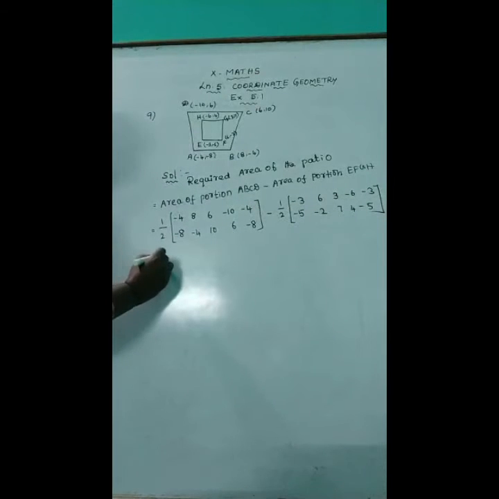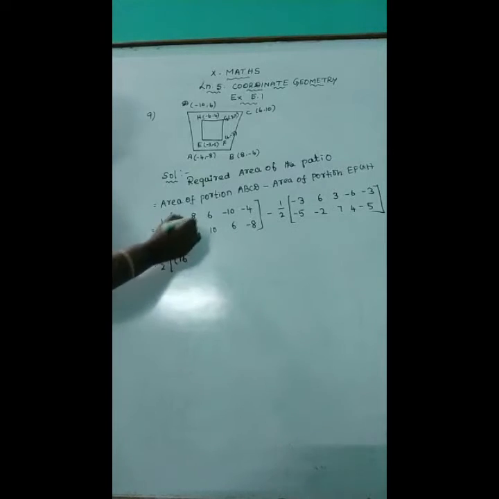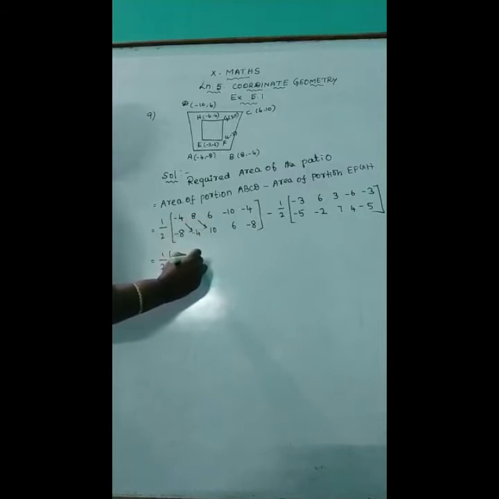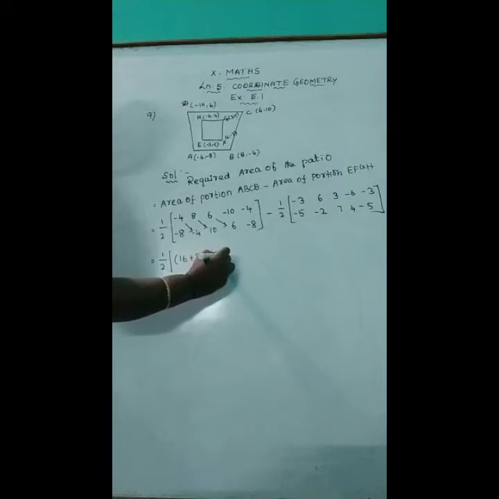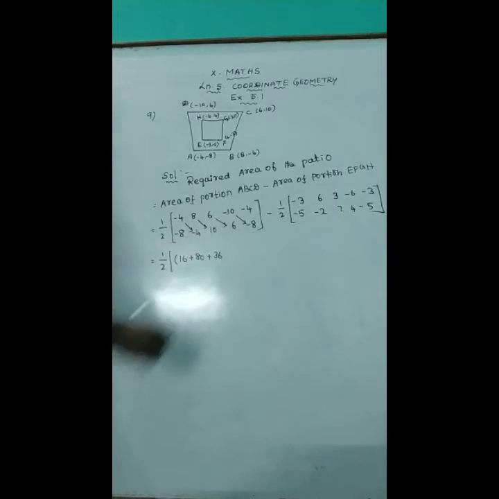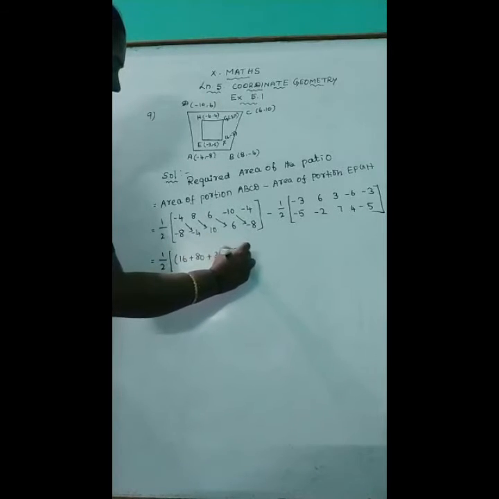Already we know this form: 1 by 2 into, multiply the numbers. 4 4s are 16, minus into minus plus, 10 8s are 80, then 6 6s are 36, minus into minus plus, 10 into 8 we have 80. So this is the first portion.